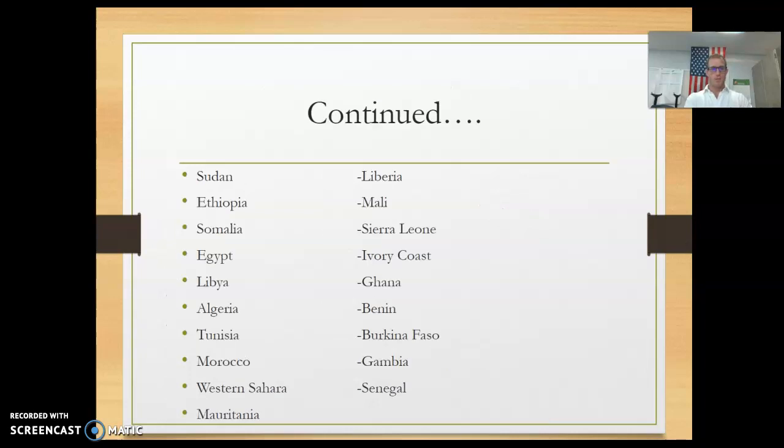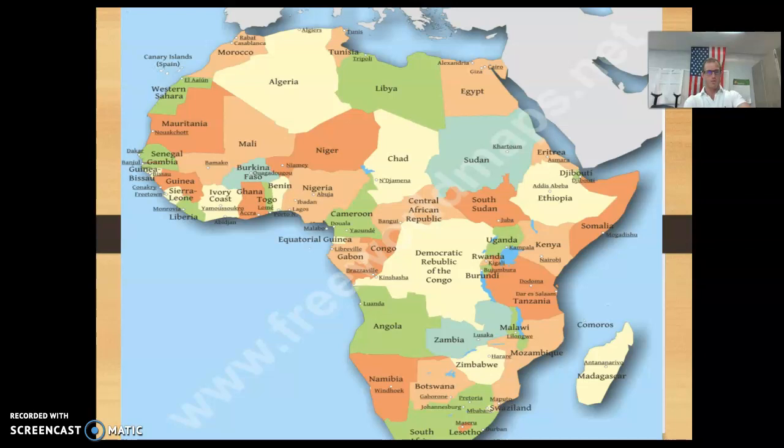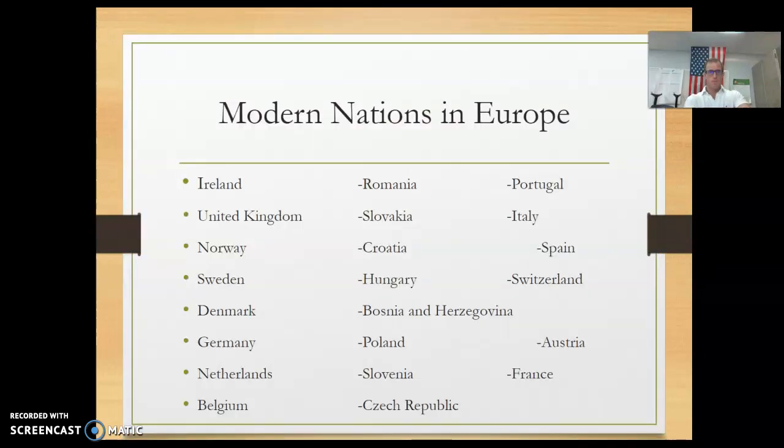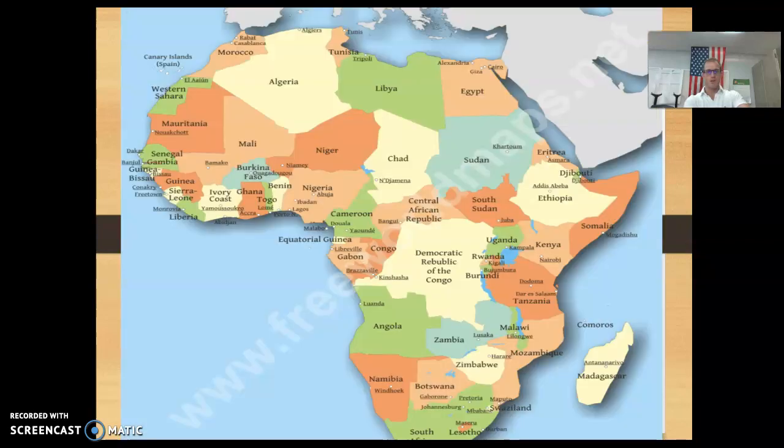Sudan, Ethiopia, Somalia, Egypt, Libya, Algeria, Tunisia, Morocco, Western Sahara, Mauritania, Liberia, Mali, Sierra Leone, Ivory Coast, Ghana, Benin, Burkina Faso, Gambia, Senegal, and here's Africa. There's a lot of different countries in Africa.